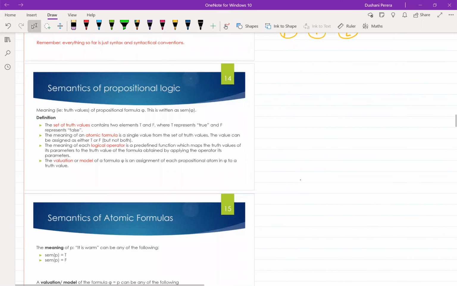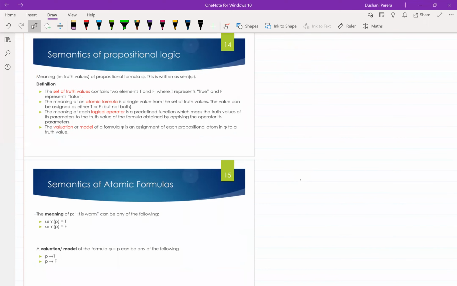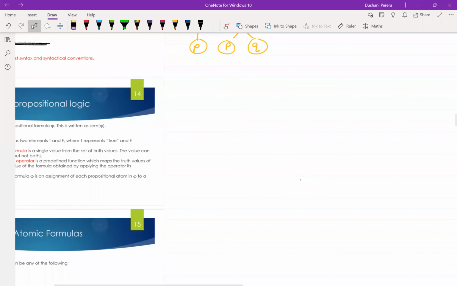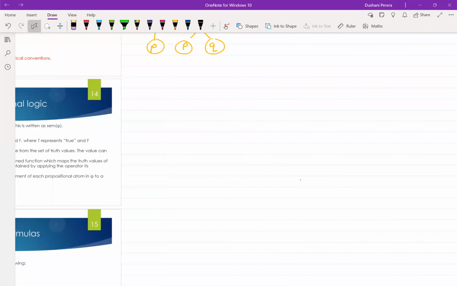Okay, now we are going to do something called checking the satisfiability of a given propositional formula.